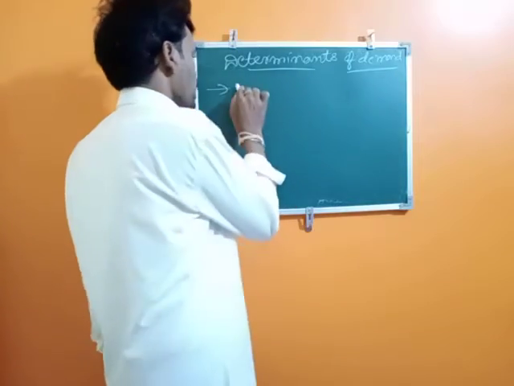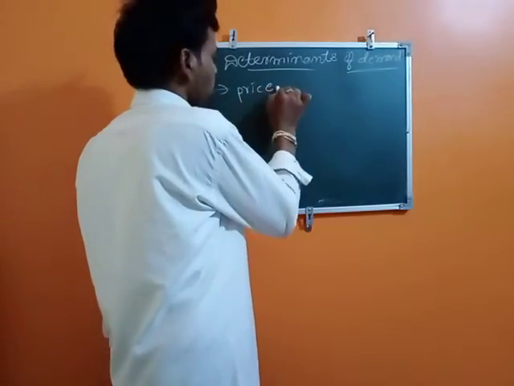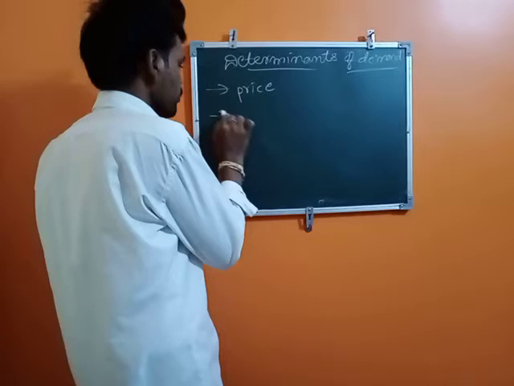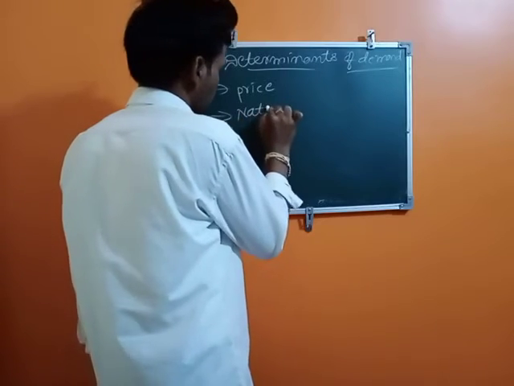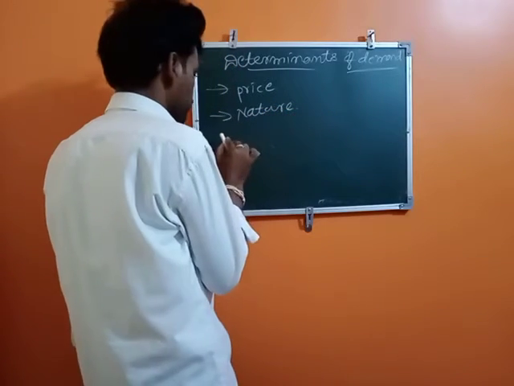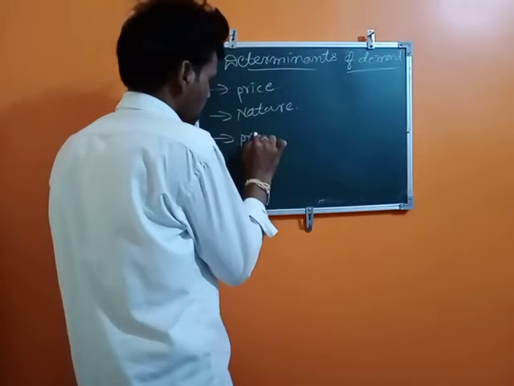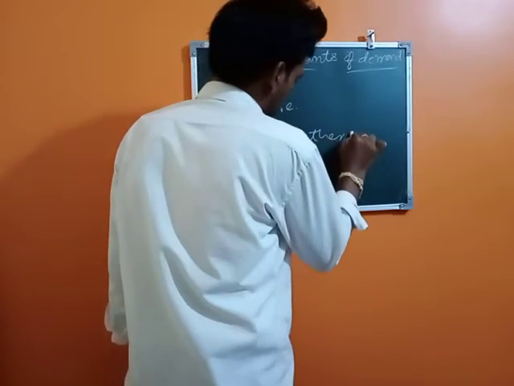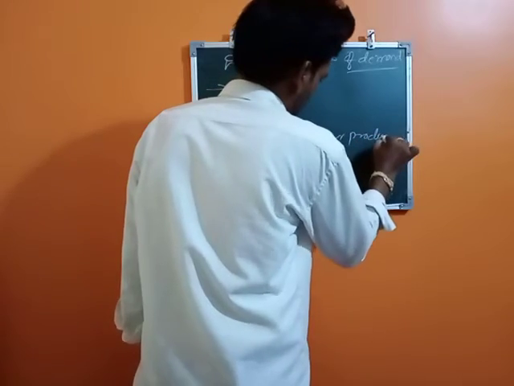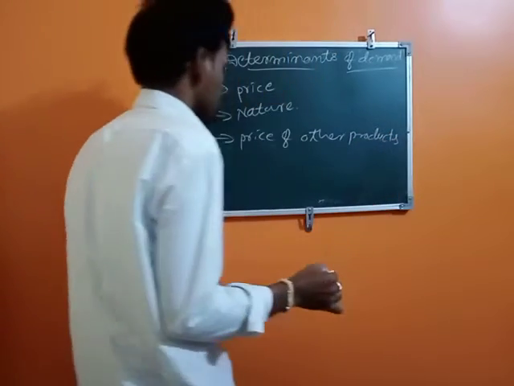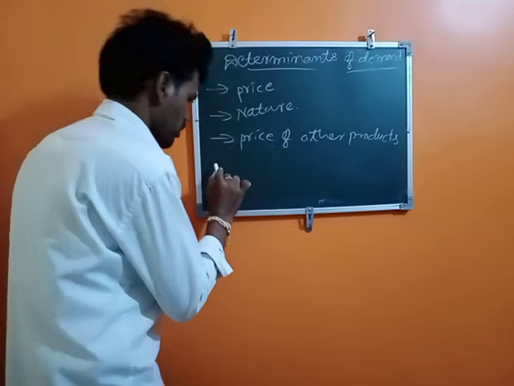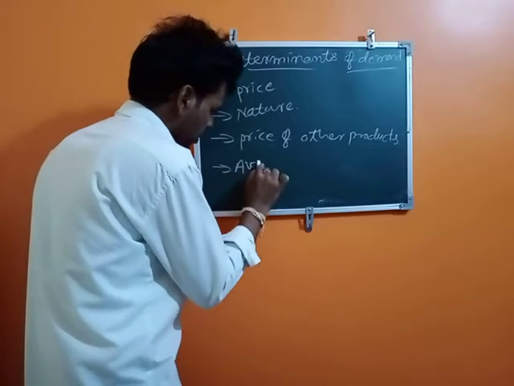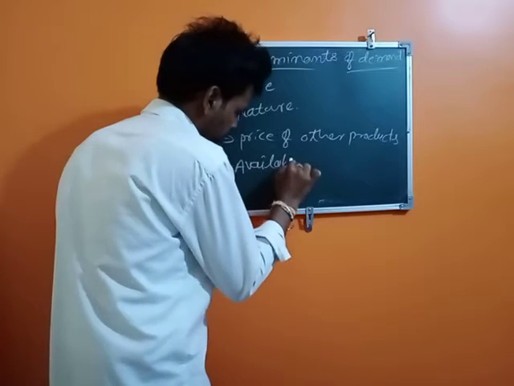One is the price of the product, the second is the nature of the product, and the third is the price of other products. Next is availability of population.